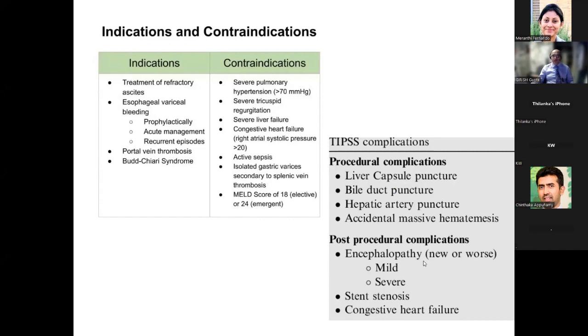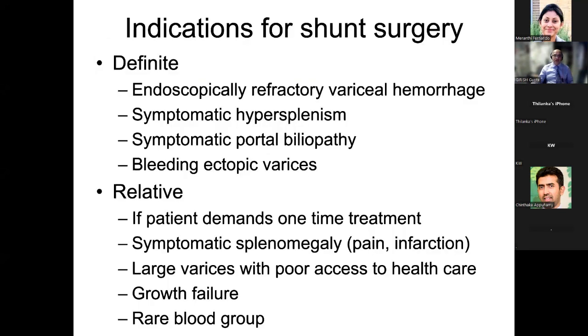Post-procedural complications are quite significant, including the presence of encephalopathy. So we do start prophylactic use of rifaximin in these children, and if you have not assessed your child correctly from a cardiac perspective, it can cause a further worsening of cardiac failure.